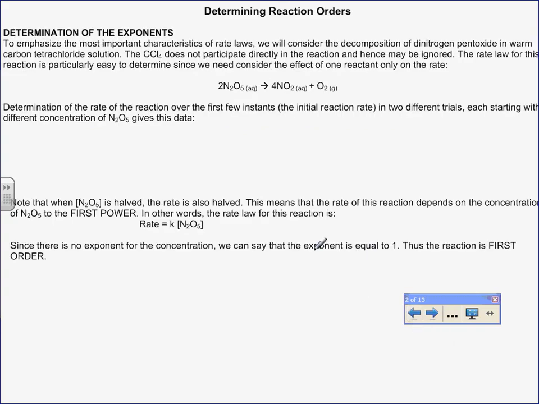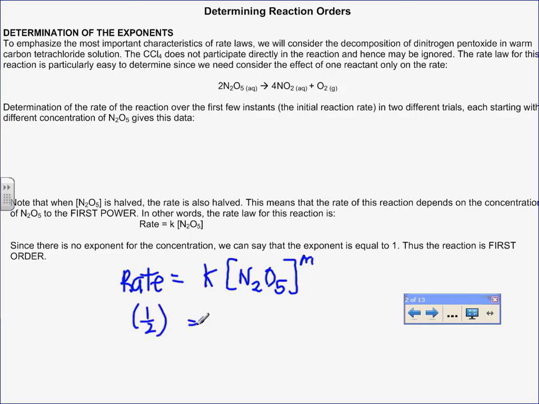We know that the rate, in general, is equal to k times the concentration of N2O5 raised to some power. So what we're trying to determine with this data is what the exponent is. And in this case, when the concentration was halved, and the rate was halved, we can see that in order for this expression to be true, the exponent needs to be equal to 1.